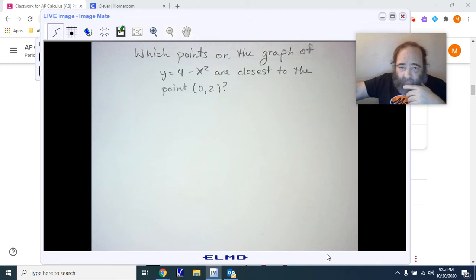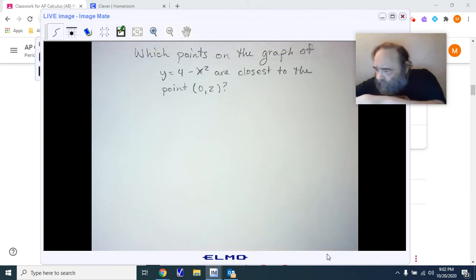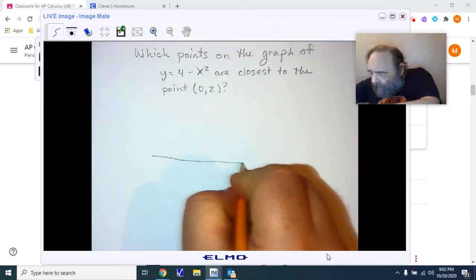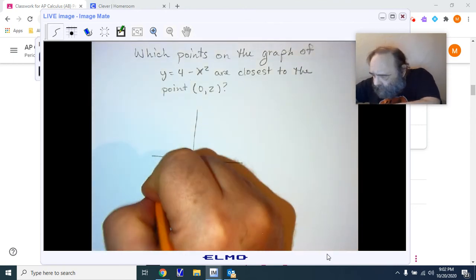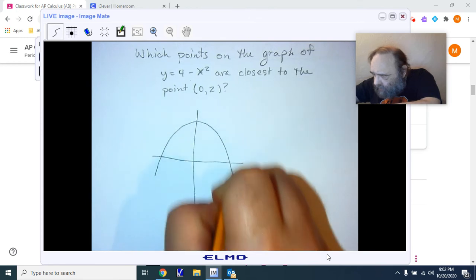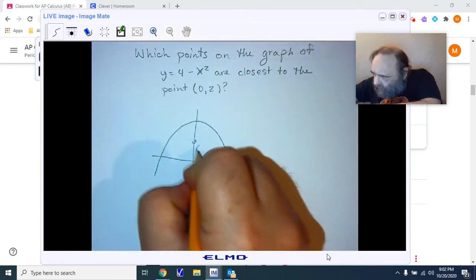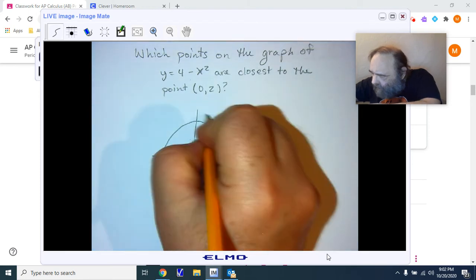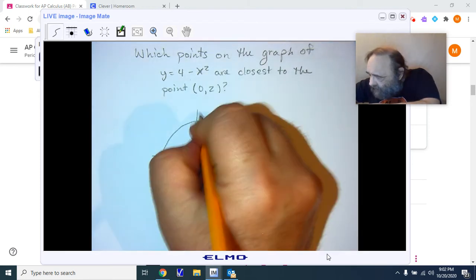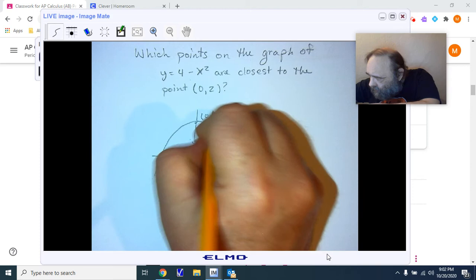Which points on the graph of y equals 4 minus x squared are closest to the point (0, 2)? I'm going to quickly draw my picture of this. And you'll notice, here's (0, 2). We know our vertex point is up here. That's (0, 4).